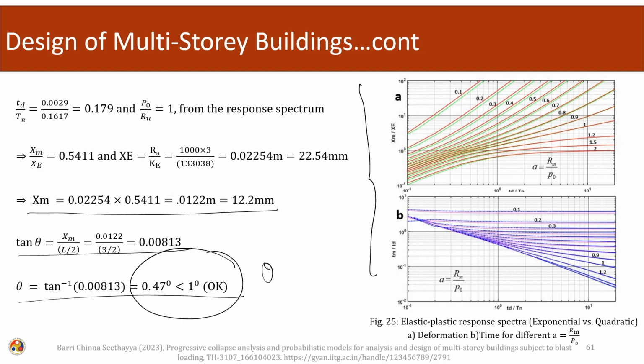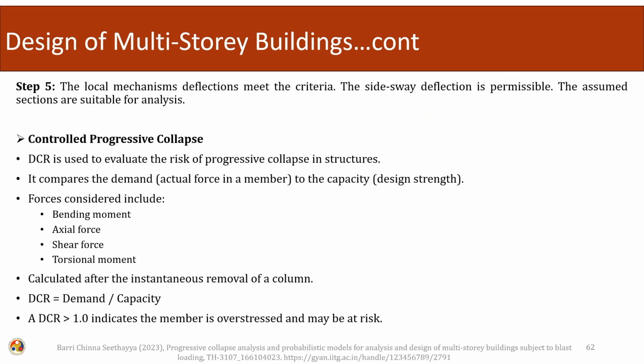So, the system configuration is okay. So, the assumed values are okay. After that, the local mechanism of the deflections meet the criteria. The side sway deflection is permissible, the assumed sections are suitable for analysis.